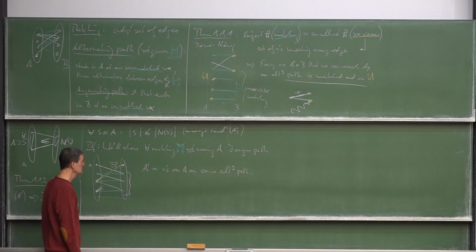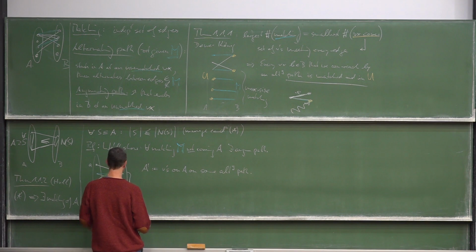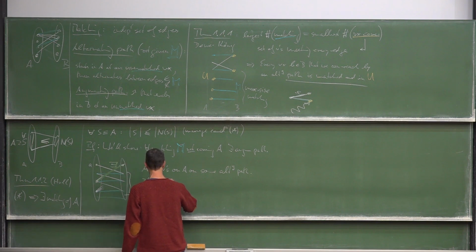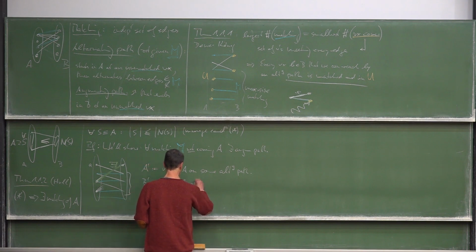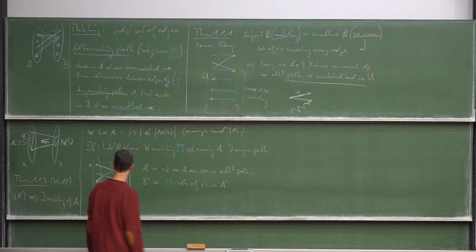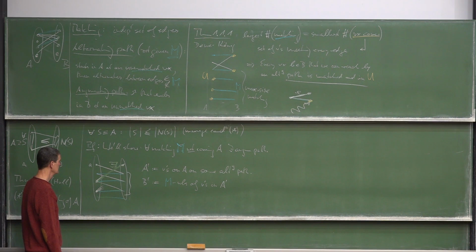Then B prime are the M neighbors of vertices in A prime. Right?